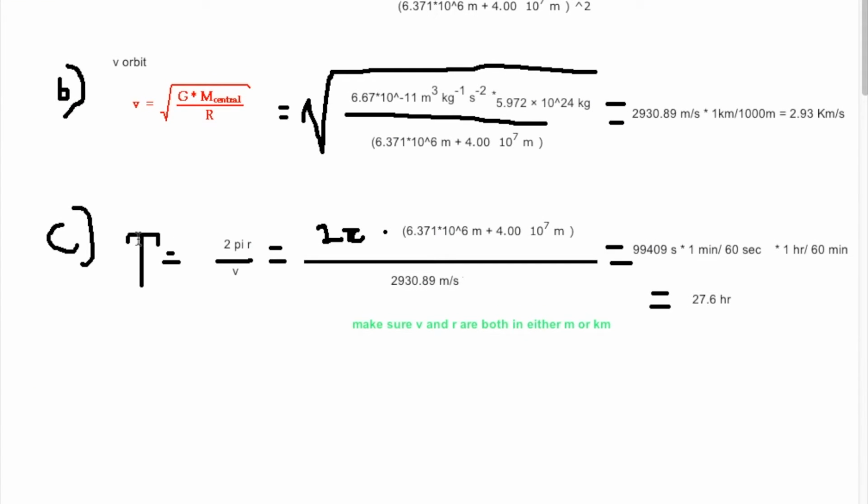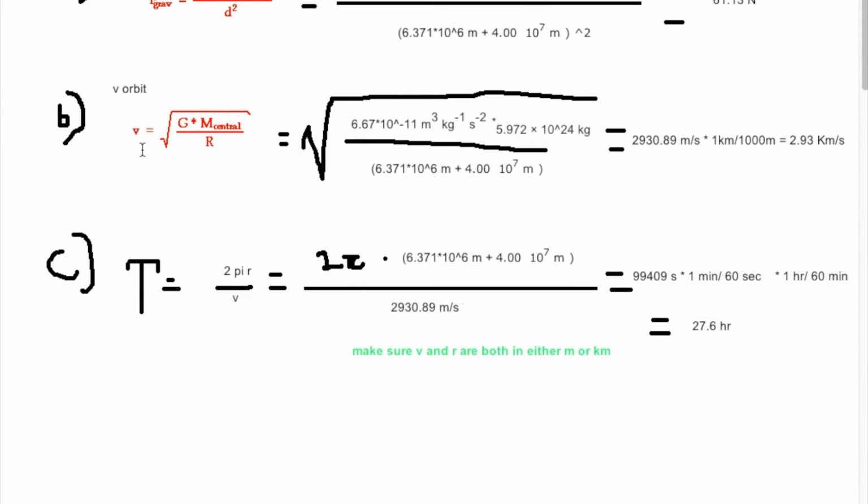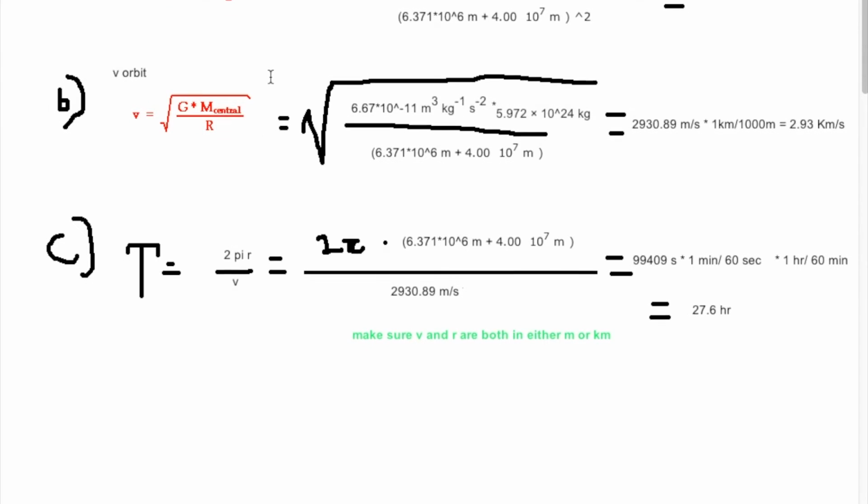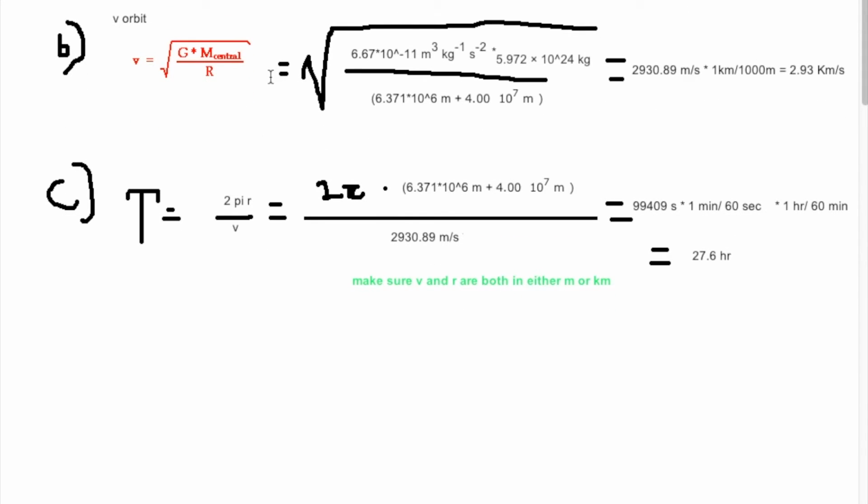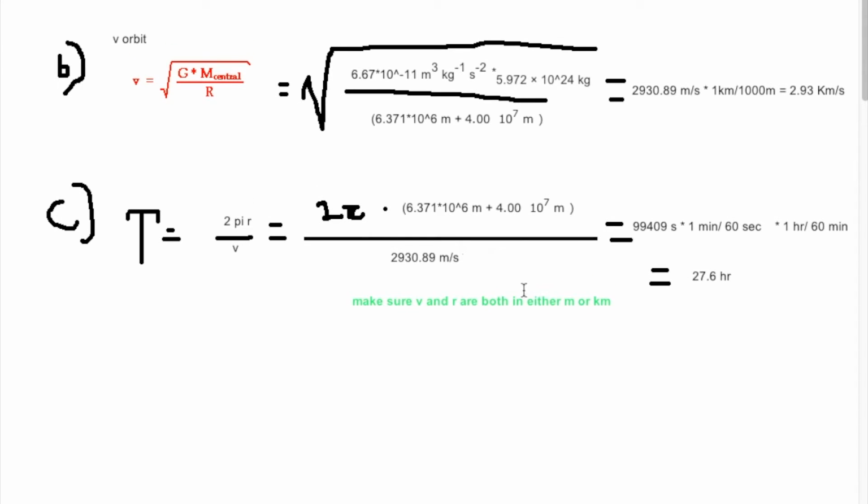Well, there's the period formula. I didn't copy paste the red thing, but the period formula is T equals 2 pi r over velocity. I think this is from an earlier unit, but it still applies here. So we know r, we know velocity. 2 pi times r over velocity, and then you get the right answer. But one thing I wanted to point out is to make sure that v and r are both in meters or both in km.